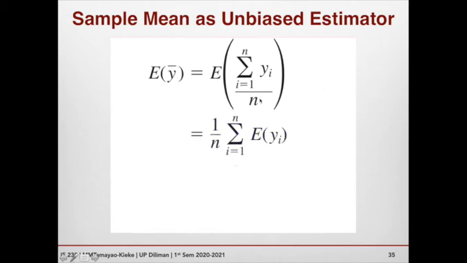And using the properties of the expected value operator, we can just bring out 1 over n because it is a constant. Now we have 1 over n times the summation of the expected value of y sub i. And now we have 1 over n times the summation of mu. And this is just equal to mu.